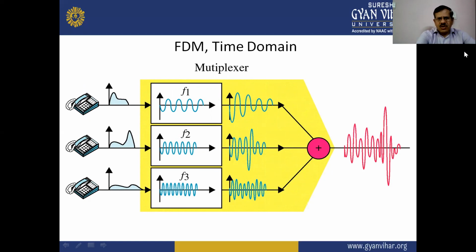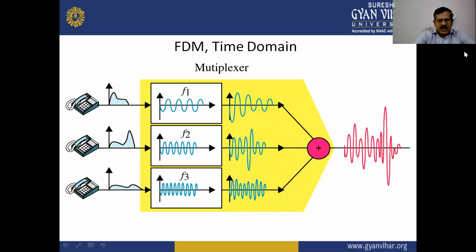Now the time domain FDM technique. In this diagram, there are different input analog signals with different frequencies, F1, F2, and F3.